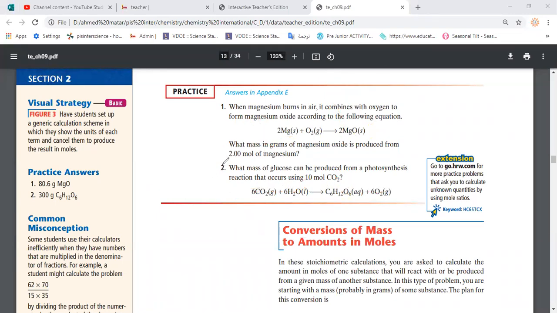Okay, let's find number 2. Who can answer number 2? What mass of glucose can be produced from the photosynthesis reaction by using 10 moles of carbon dioxide? Who can answer this one, guys? What mass of glucose can be produced from photosynthesis by reaction of 10 moles of carbon dioxide?